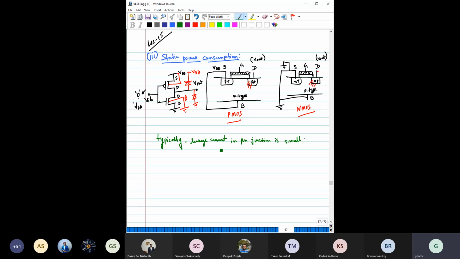That is true. But we also know this leakage current in a PN junction has a significant dependence on temperature, right? Because for every 10 degree centigrade rise in temperature, this leakage current becomes 2 times.